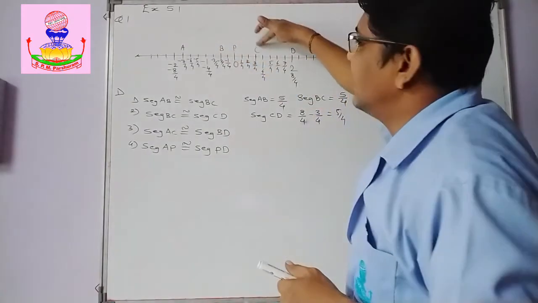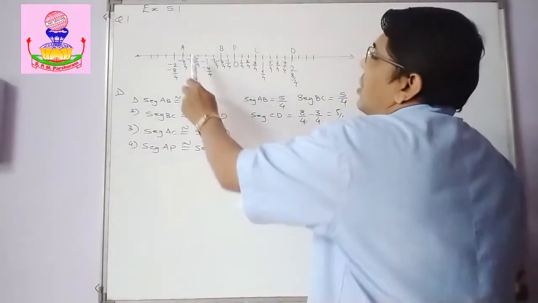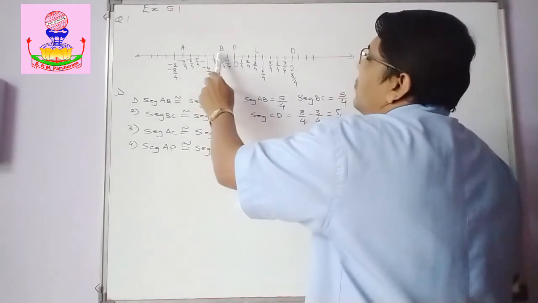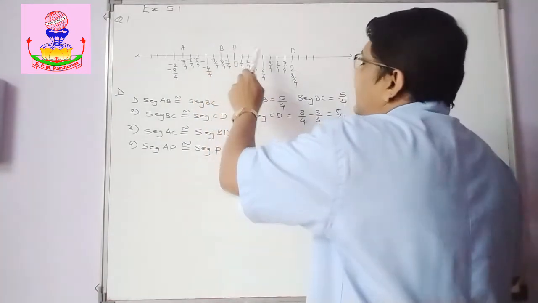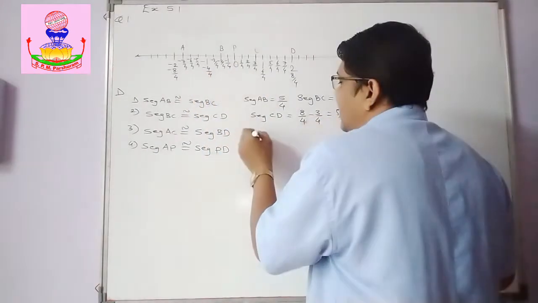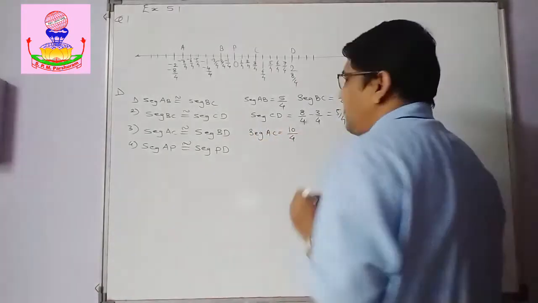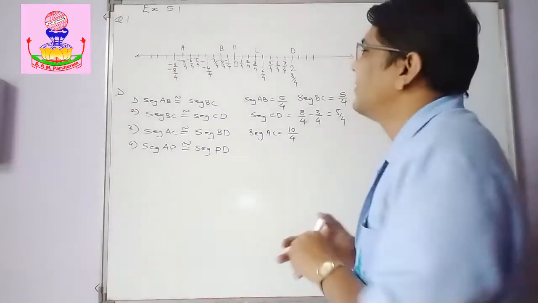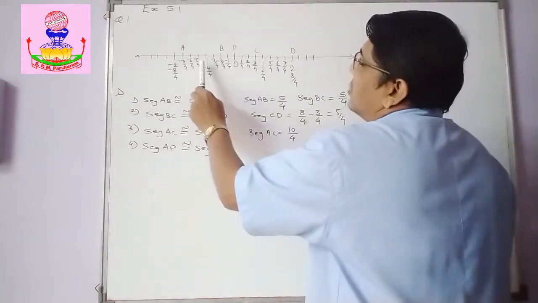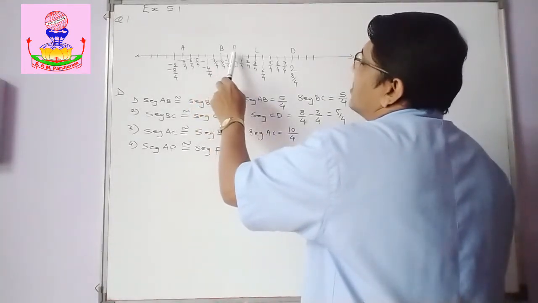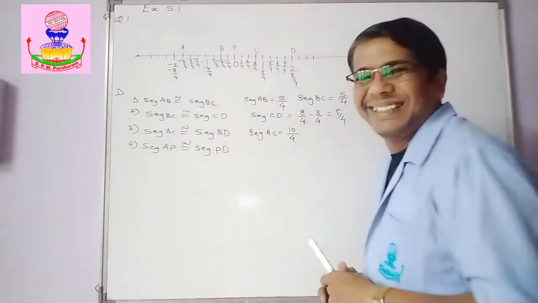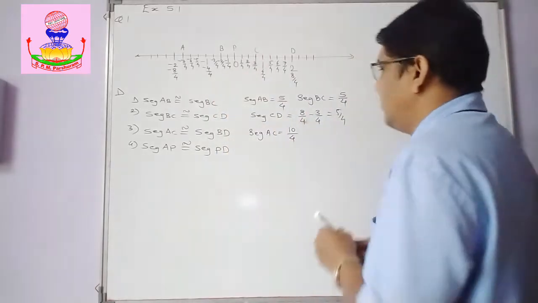Now AC. A and C. Let us check it. Okay. So 1, 2, 3, 4, 5, 6, 7, 8, 9, 10. So segment AC is how much? Yes, 10 upon 4. Exactly. You can check it. Then segment BD.